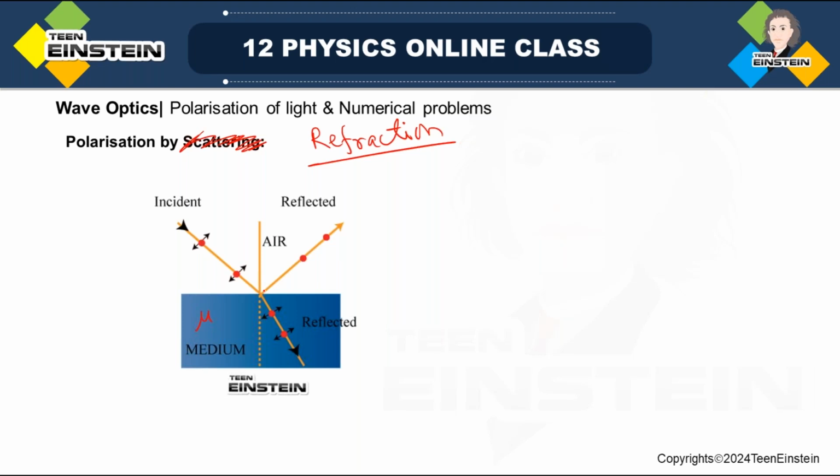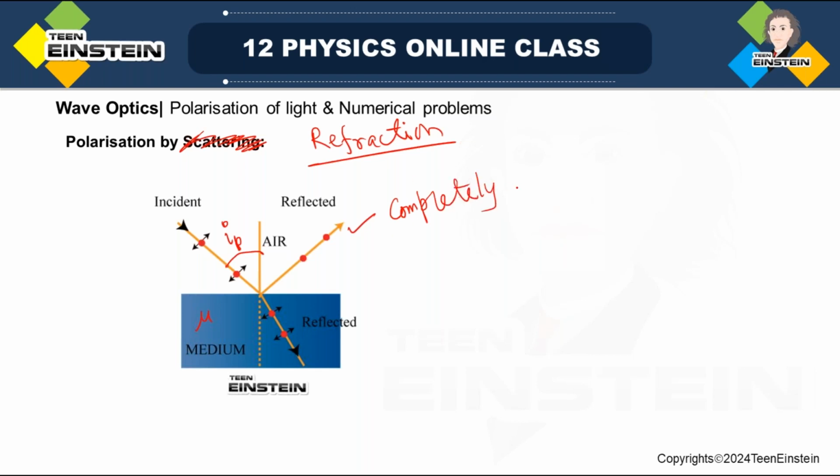It is seen that at a particular angle, which is called the angle of polarization, I_P, or sometimes Brewster's angle, I_B, a particular angle of incidence, the reflected ray will be totally or completely polarized.